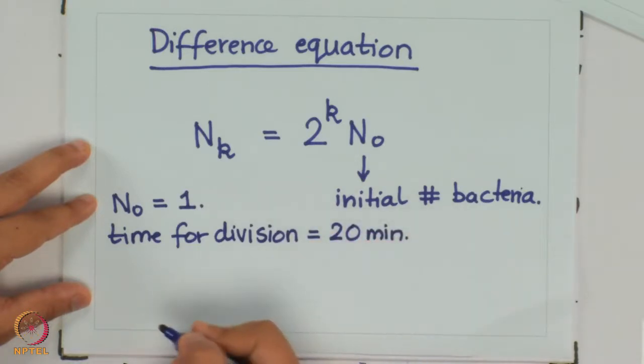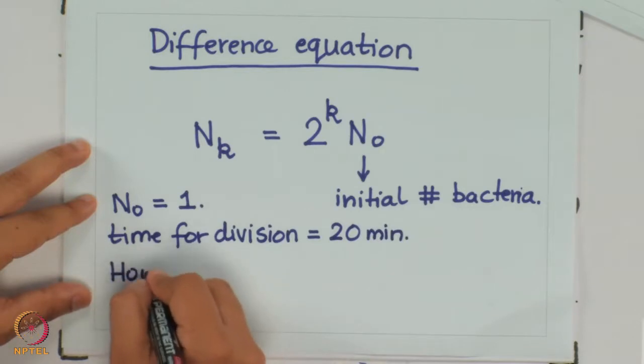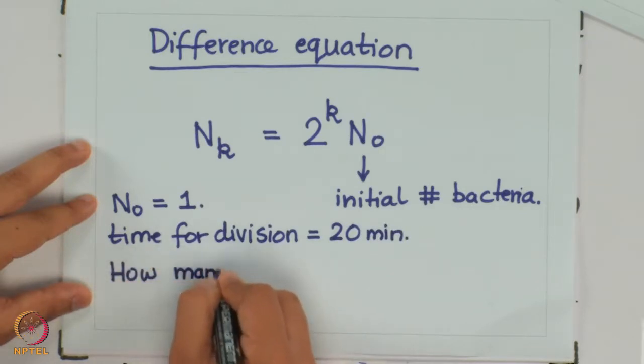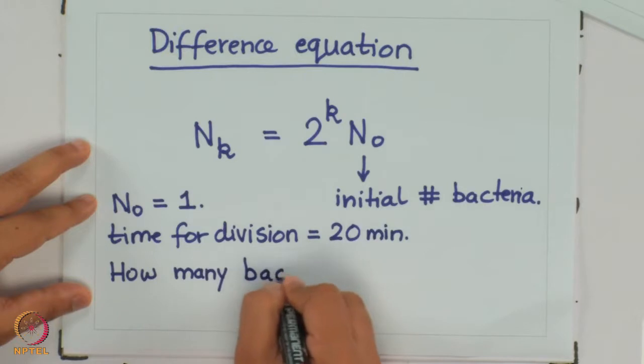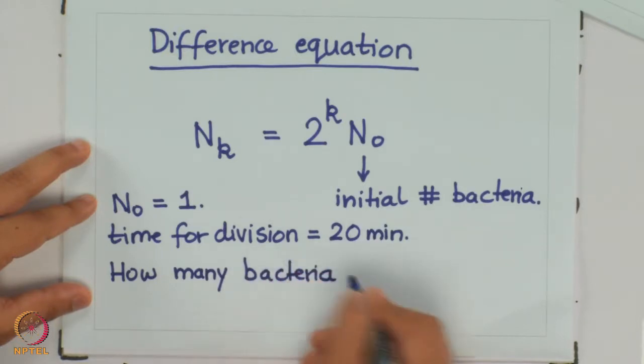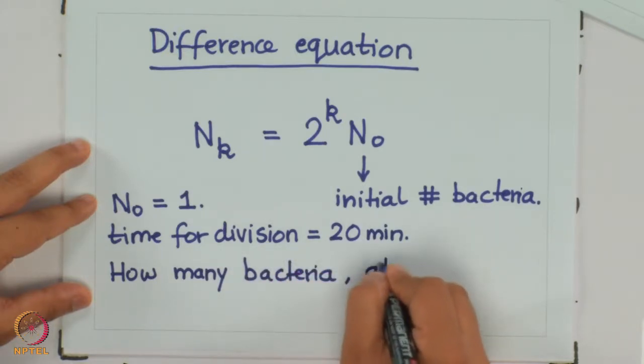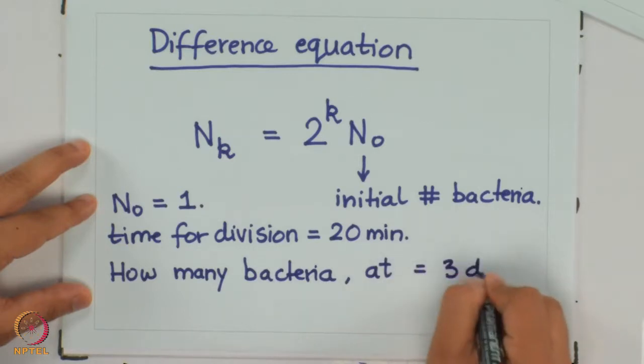How many bacteria are we going to end up with at t equal to 3 days?